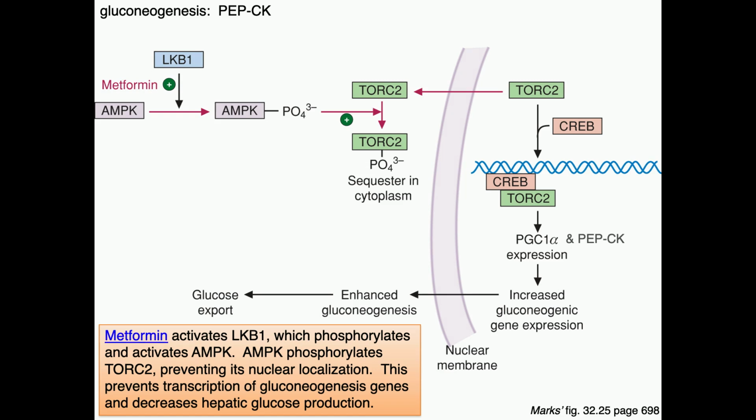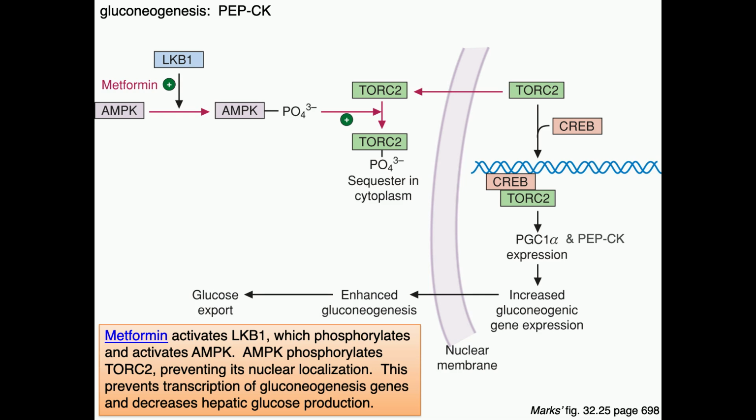So remember AMP kinase? We introduced that, right? Did Dr. Holy or anyone else talk about AMP kinase? It's a major intracellular energy sensor and modeler of intracellular energy. So when AMP kinase has AMP around, it gets activated, and we phosphorylate TORC2, and then TORC2 doesn't transactivate with CREB, and we don't get gluconeogenesis, okay?